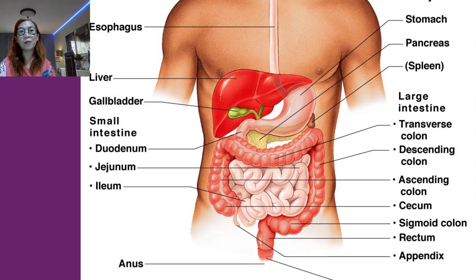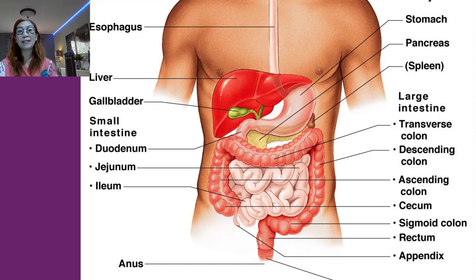Next to the stomach is the small intestine, which is a muscular tube extending from the pyloric sphincter to the large intestine. It is the longest section of the alimentary tube with an average length of 2.5 to 7 meters, which is 8 to 20 feet in a living person.